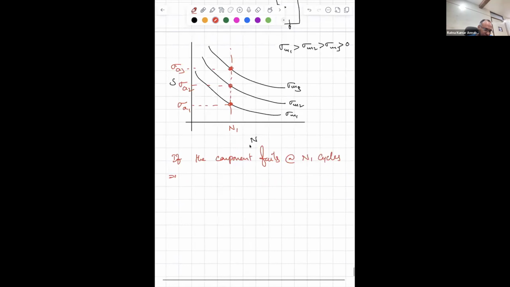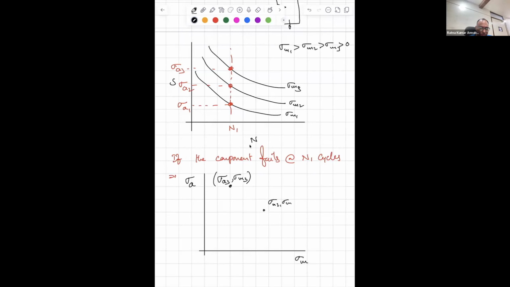If I plot a graph with x-axis sigma m and y-axis sigma a, this will be my sigma A3, sigma M3, this will be my sigma A2, sigma M2, and that will be my sigma A1, sigma M1. They need not be on a straight line, but you will see at a later stage that they are reasonably on a straight line.